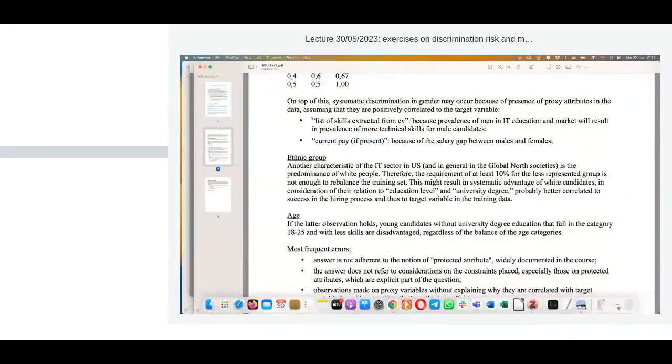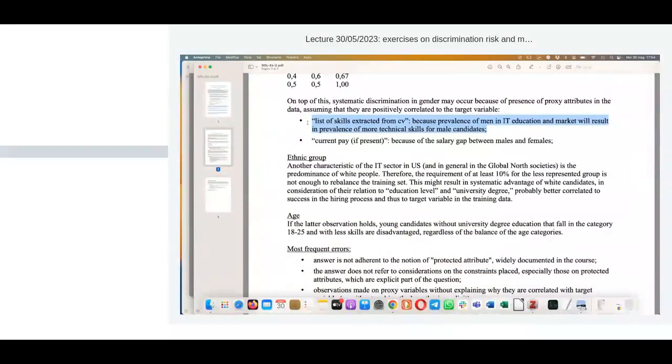This is weaker as a possible explanation, because again of the prevalence of men in IT education, we can hypothesize that certain skills are more pertinent to the job postings in IT, and so there might also be a risk of discrimination. Not saying that there is a discrimination in this exam, but a risk of discrimination.